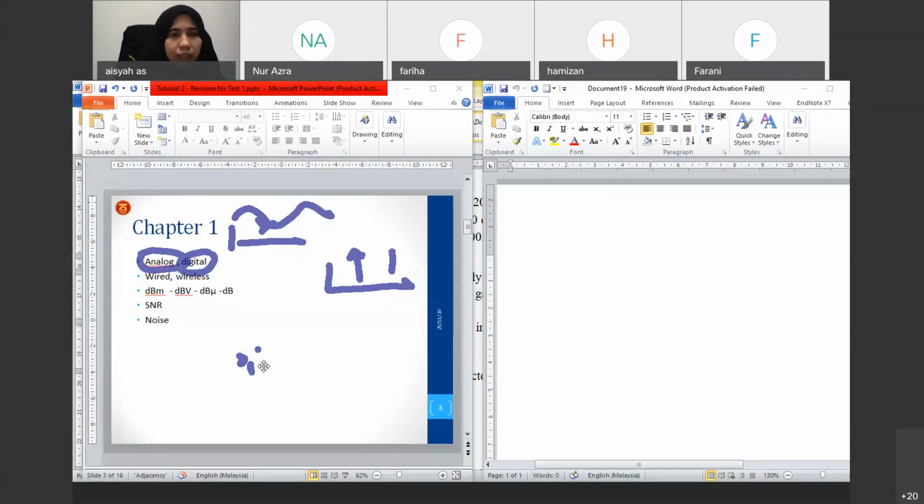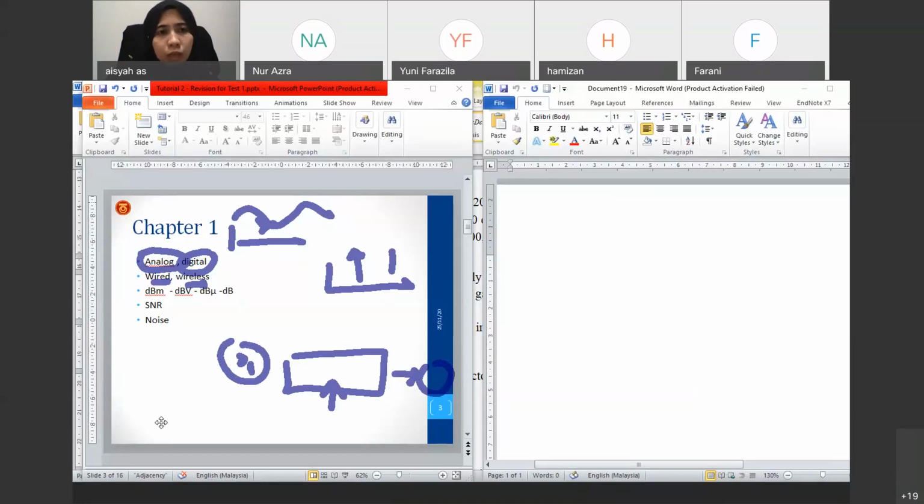For the signal, we have the transmission channel before the receiver gets it. So this is the transmitter, and here we have the receiver. In this transmission channel, we have wired and wireless.